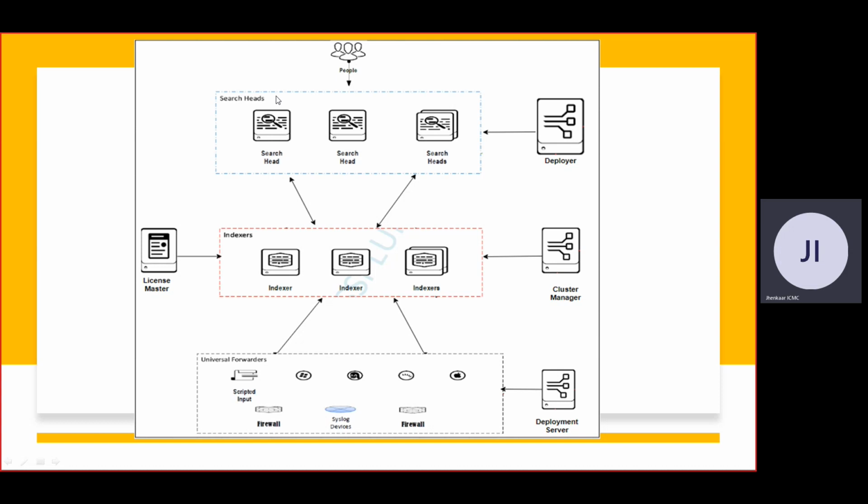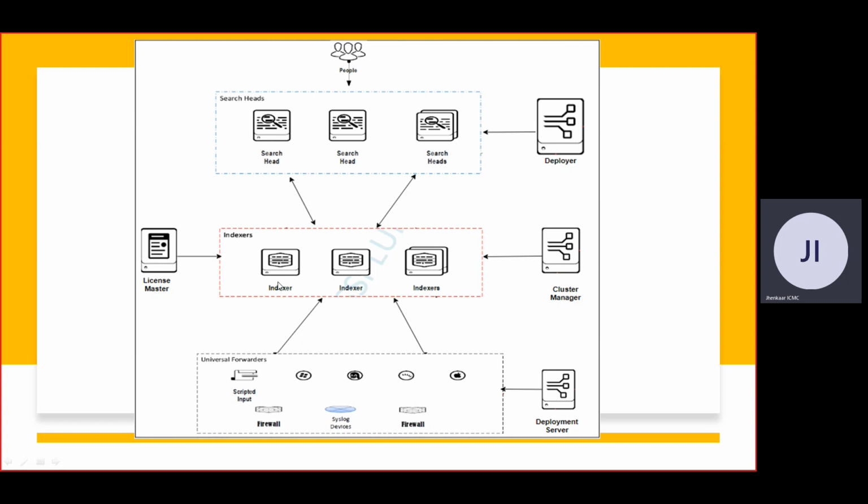Typically we'll implement a load balancer, and that load balancer will be pointing to all the search heads. We'll give a domain name, a kind of DNS with a beautiful name, and users will be happy to query the data by using that domain. So that domain or load balancer points to these search heads, and when a user queries something, the query will be served with the help of the indexer.